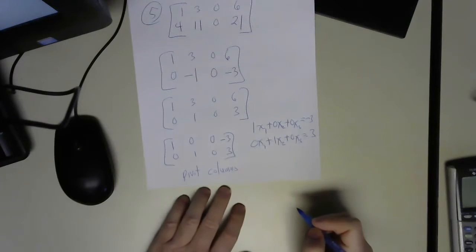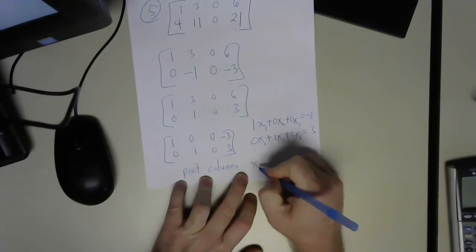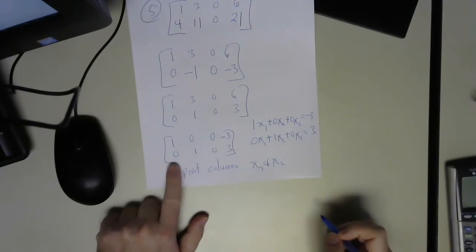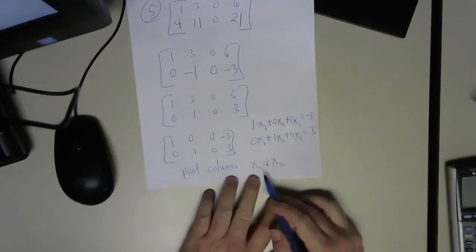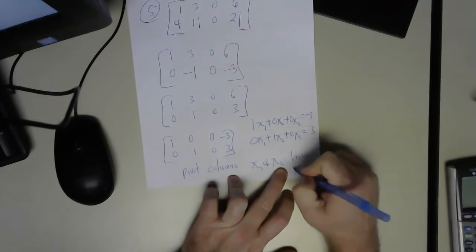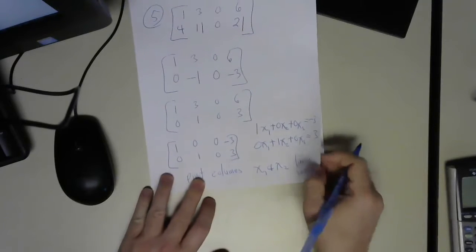And notice in this particular problem that the 2 variables that correspond to the 2 pivot columns are x1 and x2, because the 2 pivot columns were the first column and the second column. So that means that x1 and x2 are both basic variables. All right.